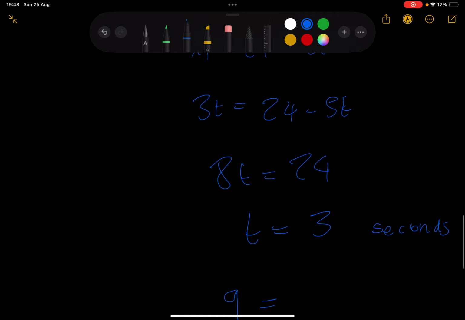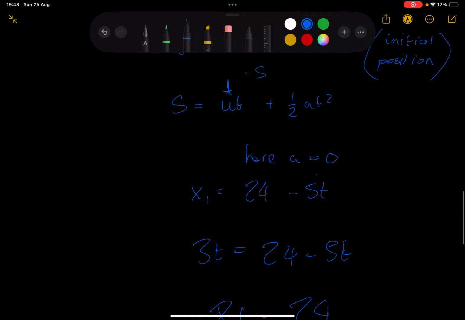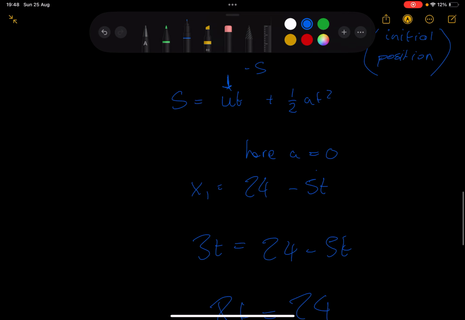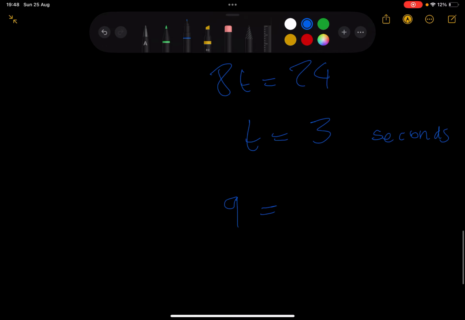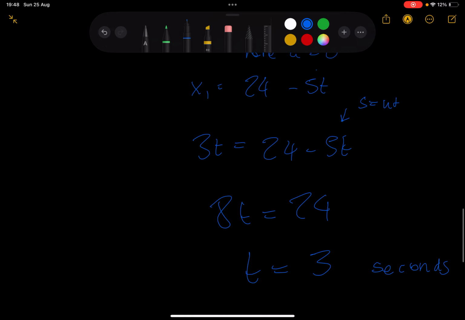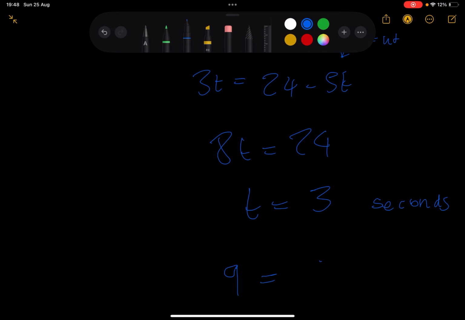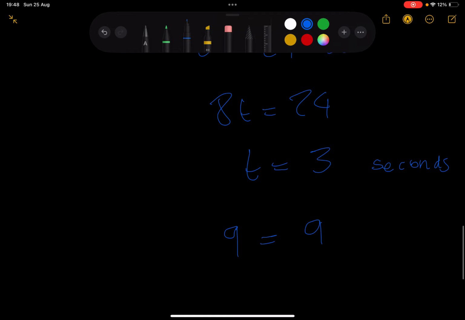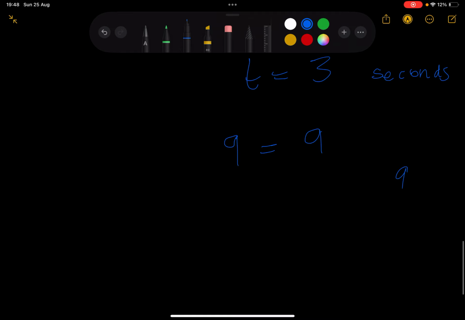This is because s equals ut for this equation, and if we substitute both, we can get the coordinate. So one of the coordinates is known.